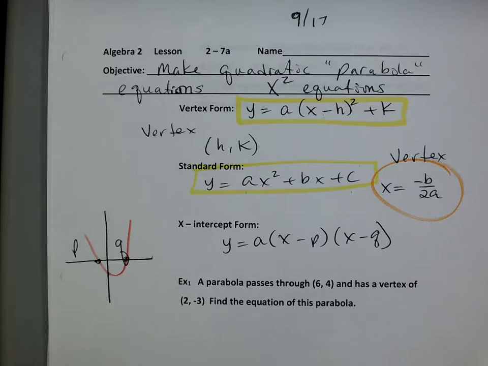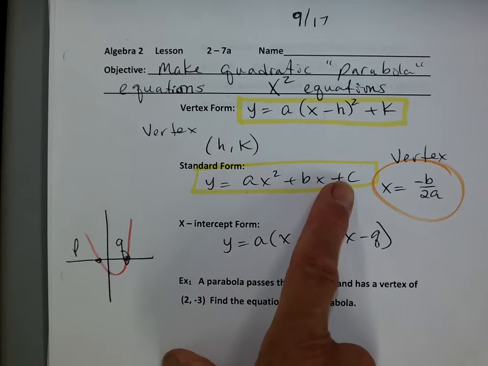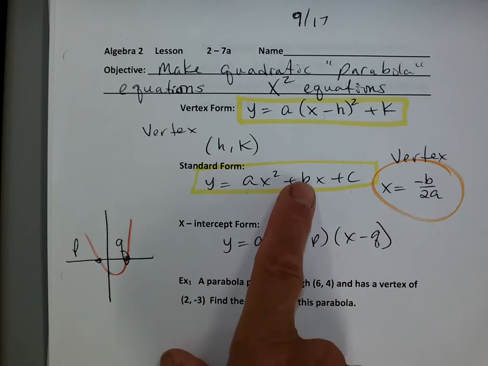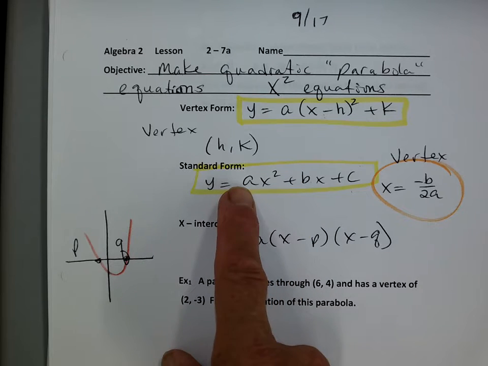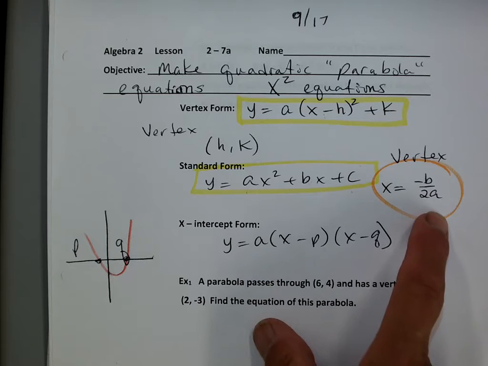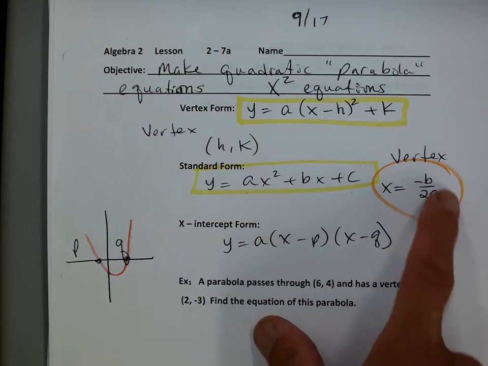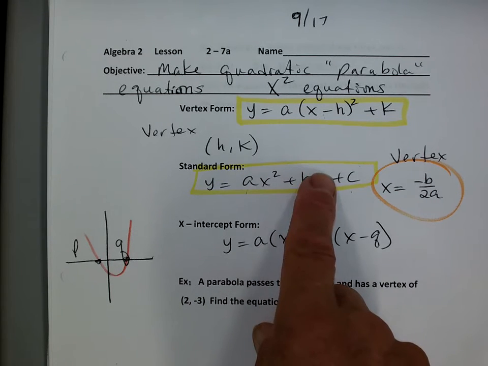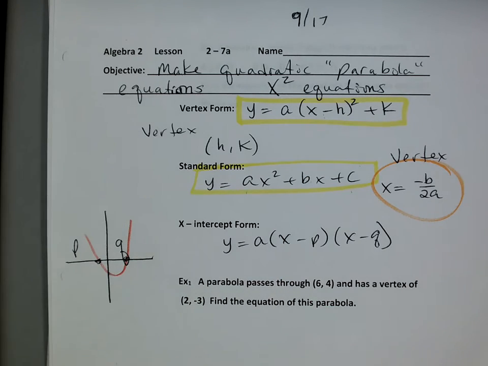We know a, b, and c, so to find the vertex, I'll take the negative of b divided by 2 times a. That gives us the line of symmetry, which is the x value of the vertex. Then we plug that answer back in to get the corresponding y value. We've done that, and we'll do that a little bit more today.